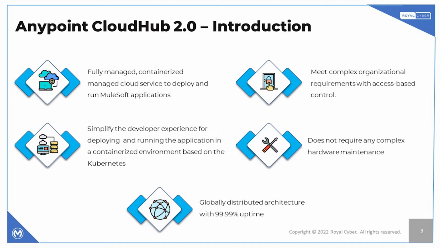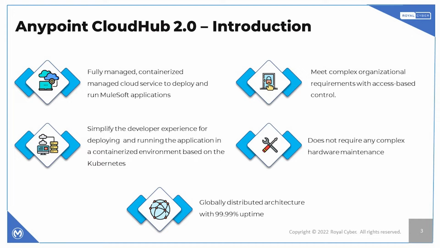In order to meet organizational requirements, we can create and deploy policies with access-based controls to manage users or to map permissions. CloudHub 2.0 is based on the Kubernetes architecture, and that's how it helps to improve the developer experience in deploying, running, and managing applications in a resilient and easily scalable environment.